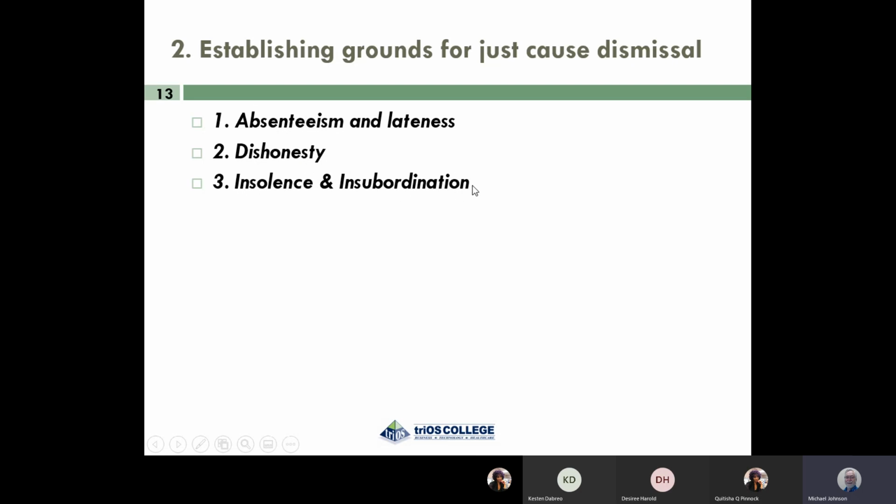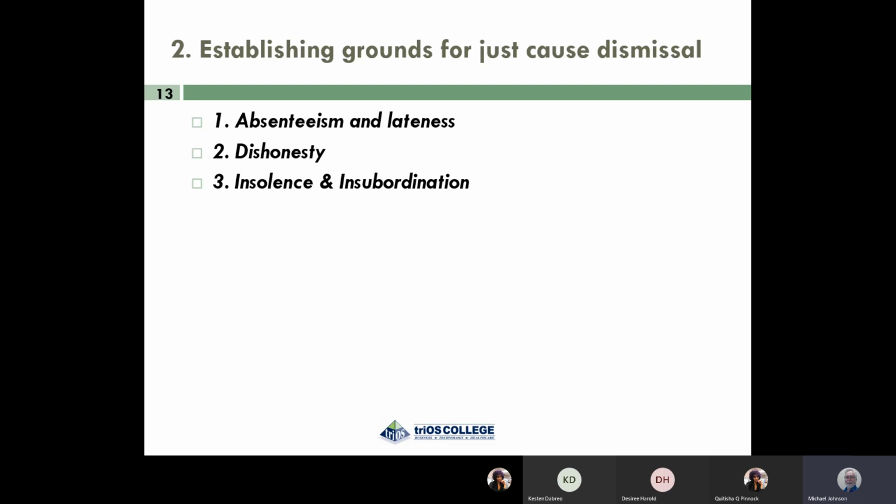Insolence and insubordination are another area. Remember, managers really only have one power, and that true power is to define work. And if you're not willing to do the work, then literally it's the only thing that they can actually cause you to do, because you signed a contract.